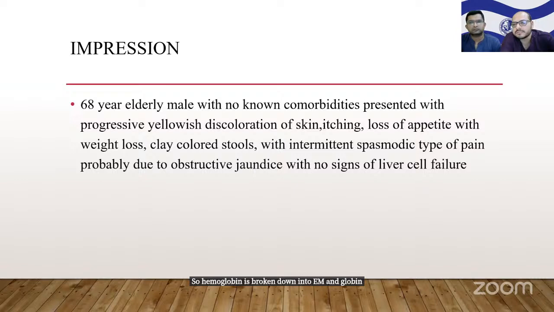The globin part is reabsorbed, and the heme is converted to biliverdin with the help of the enzyme heme oxygenase, and biliverdin is converted to bilirubin by biliverdin reductase. This unconjugated bilirubin is lipid soluble, so it is carried along with albumin to enter the liver.